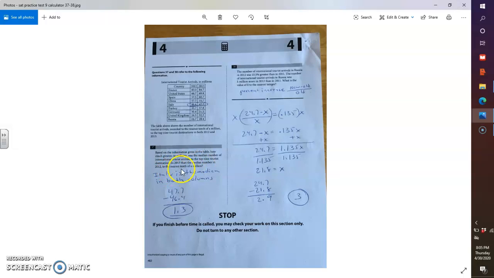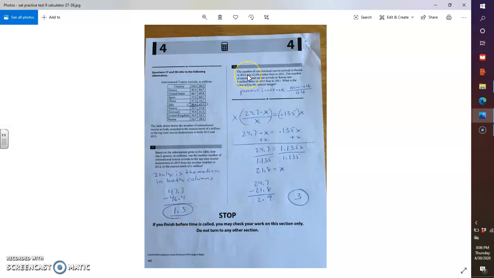And you make sure you round, as they say here, to the nearest tenth of a million. In this case, the median number in both years is with Italy. There's 9 countries. Italy is in 5th place in 2012 as well as in 2013. And the difference between them is simply 1.3. It's a pretty basic question.